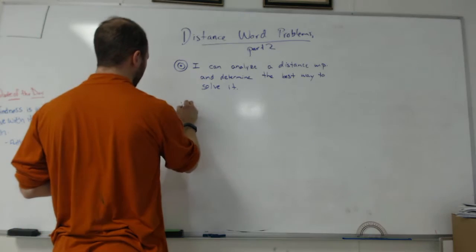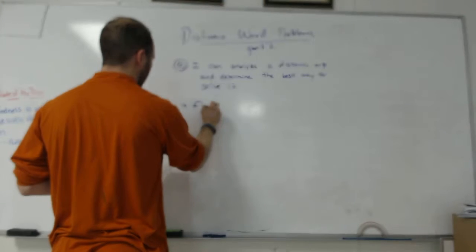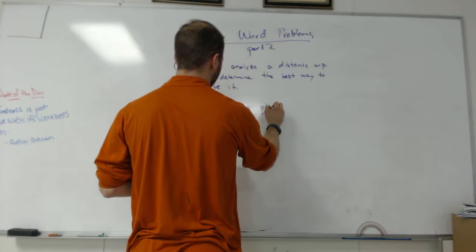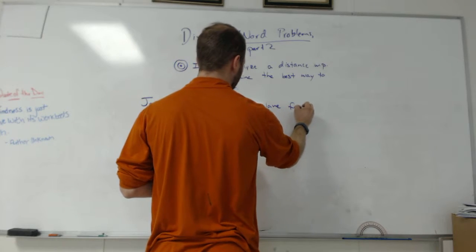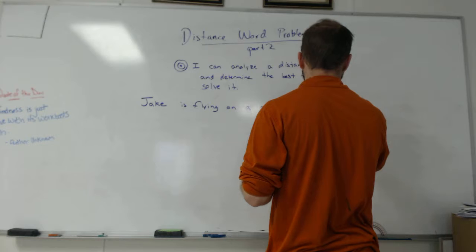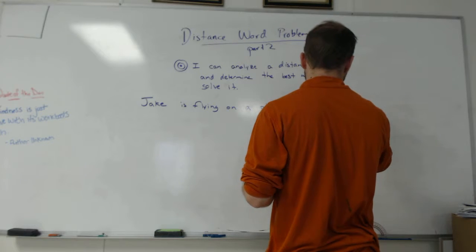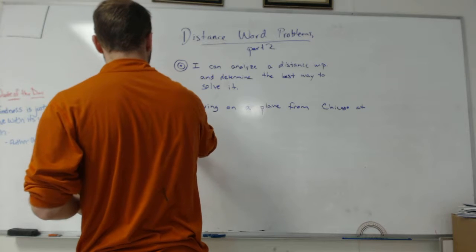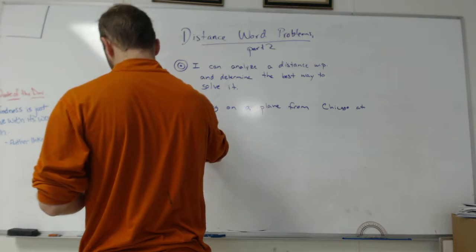this. Jake is flying on a plane from Chicago at 400 miles per hour.